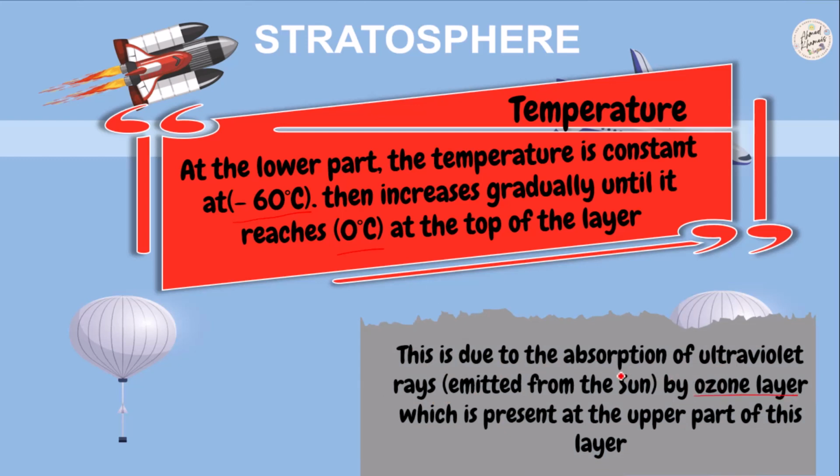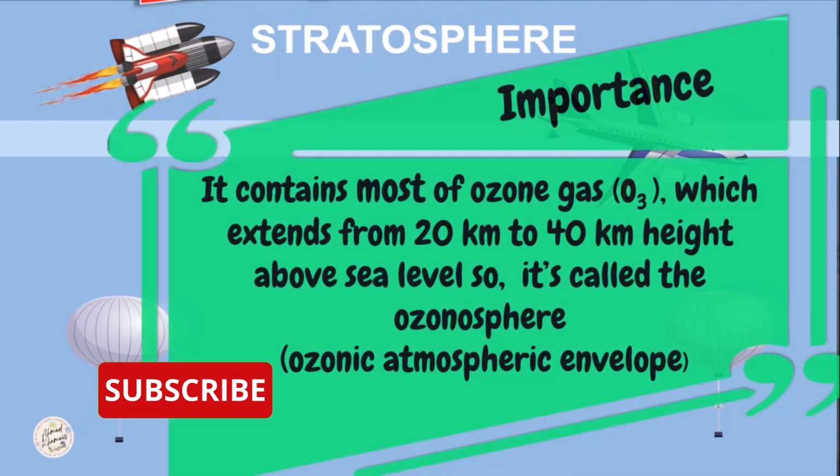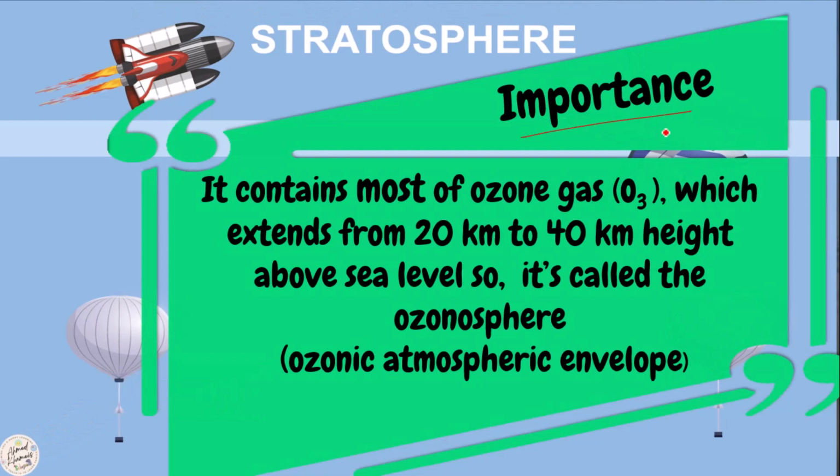So why is the stratosphere important? Because it has the ozone gas forming the ozone layer, which extends from 20 to 40 kilometers height. The part of the stratosphere that has the ozone layer is called the ozonosphere, meaning the ozonic atmospheric envelope.